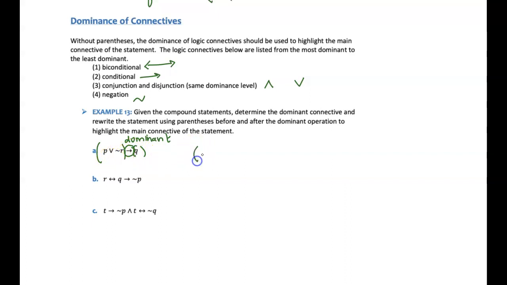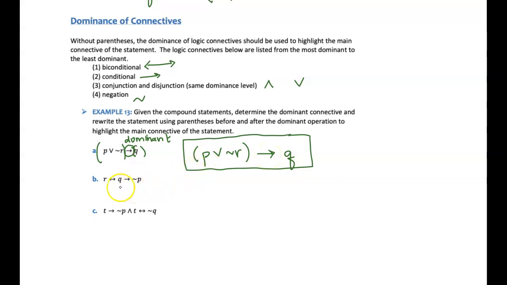On the left, we would have P or negation R in grouping symbols. Our dominant operation is our conditional, and then statement Q. And now we've used parentheses or grouping symbols to highlight that dominant connective. Part B. We have both a biconditional and a conditional, but in this case, the biconditional is most dominant for part B. And again, we can use parentheses before and after.